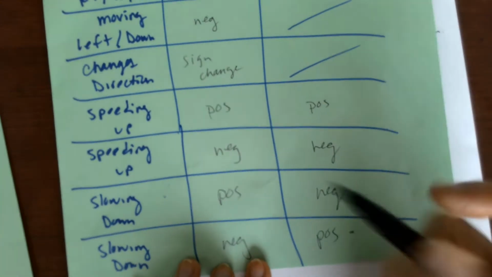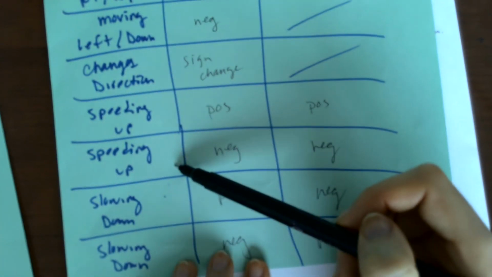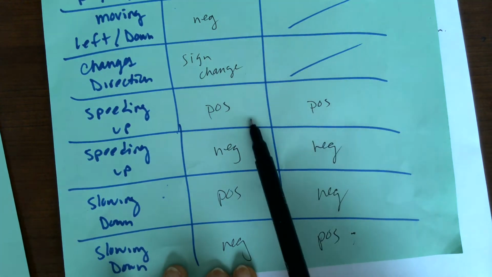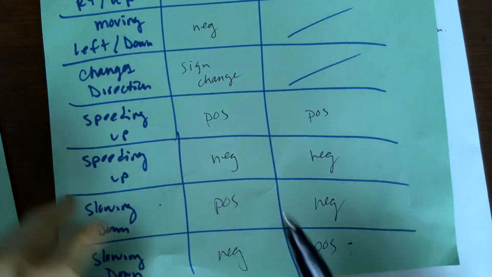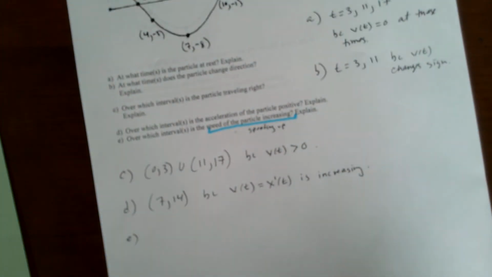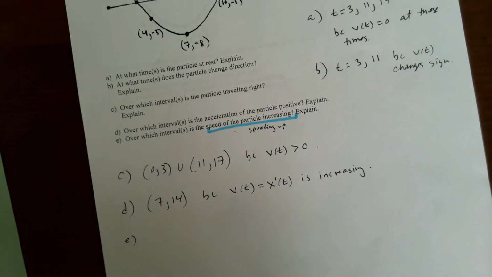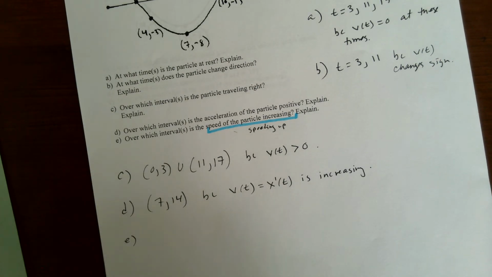So speeding up, we need velocity and acceleration to both be positive or both be negative. So I'm looking at this graph for where acceleration is positive and velocity is positive, or acceleration is negative and velocity is negative.